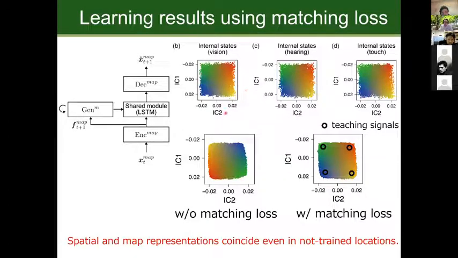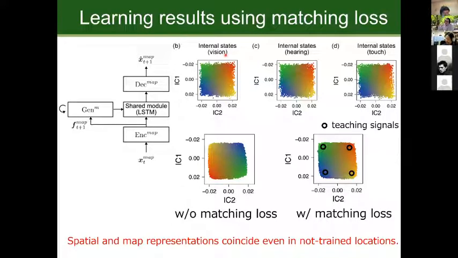Okay, actually to get the components, we use, for example, vision data. With the internal states, when the agent uses the shared module neural network with the vision sensor, we create the ICs space, and then we plot the internal state on that space for vision, and then using the same space, we plot the internal states for hearing and touching as well.